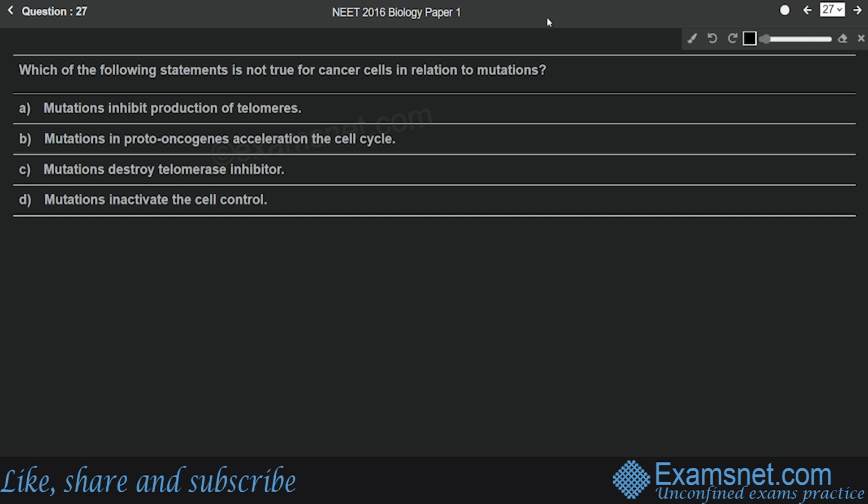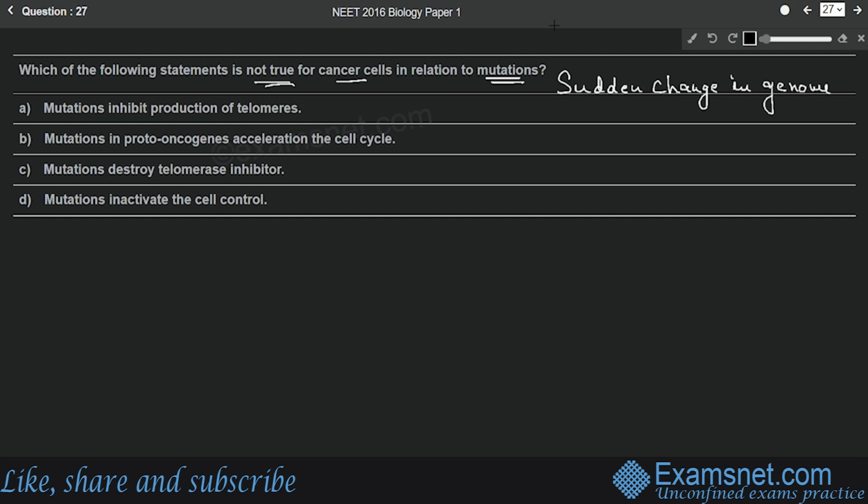Question number 27 is from the chapter Human Health and Disease, and the question is, which of the following statements is not true for cancer cells in relation to mutations? So what is mutation? It means sudden change in genome, right?